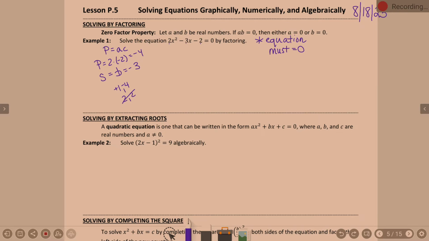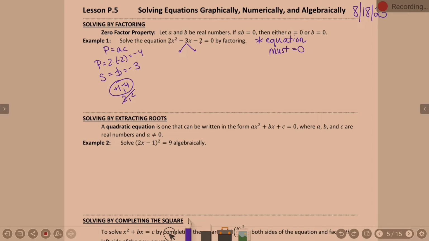What do we do with these two values when we're doing product of AC? No, we're not done yet. 2x squared plus 1x minus 4x, and then minus 2. So we're taking these two values we just came up with, and we're splitting that middle term. That minus 3x is either going to be plus 1x minus 4x or minus 4x plus 1x.